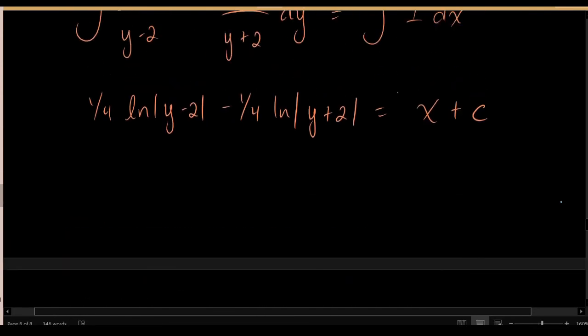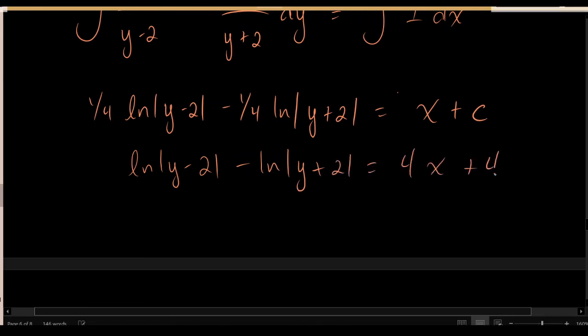So let's go ahead and multiply everything through by 4 to clear out those 1/4s, and I get 4x plus 4 times c, but what I'm going to do is combine 4c into a new arbitrary constant.